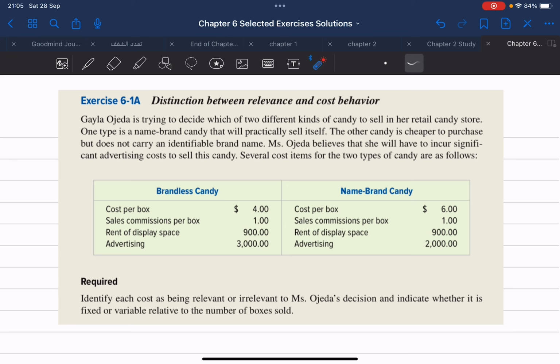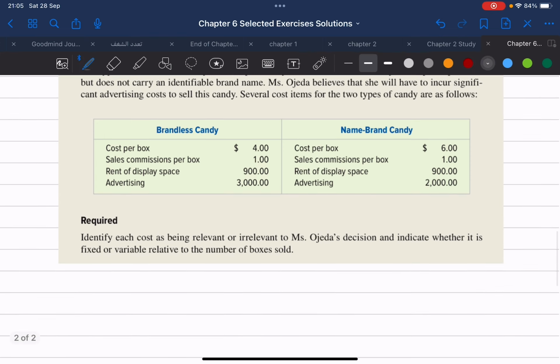Okay, so we're going to go over these and decide for each one of them if they are relevant or irrelevant information, and whether they are variable or fixed cost. So let's go over it together.